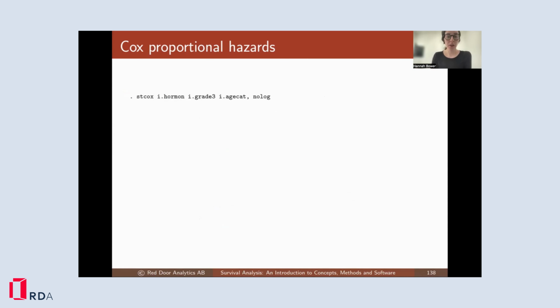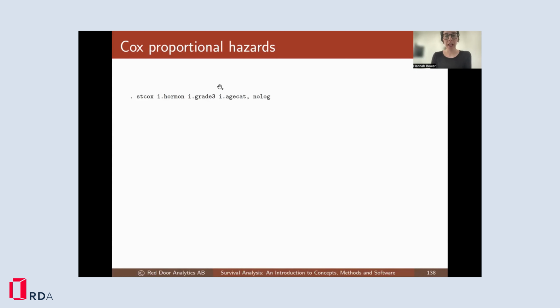So if we wanted to adjust for those in our model, we just extend our model command that we had previously. We write stcox, that tells Stata we want to fit a Cox proportional hazards model. We have our exposure of interest, hormone, which is hormonal therapy or not. Then we add our grade covariate here, which is for if you had a grade 3 tumor or not.